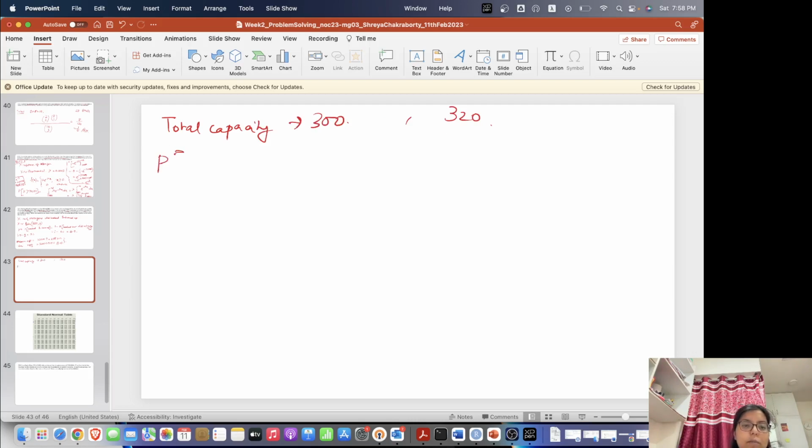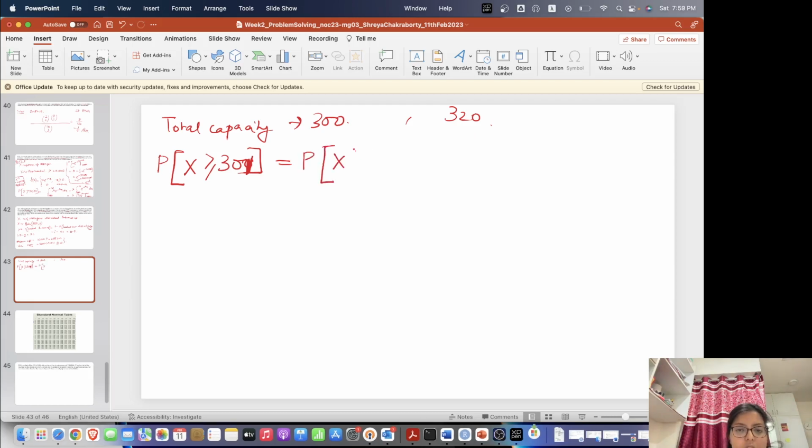So the probability that the number of booked passengers who turned up is greater than or equal to 301. Correct? Now using the continuity correction, we can write probability X greater than 301 minus 0.5, that is 300.5.